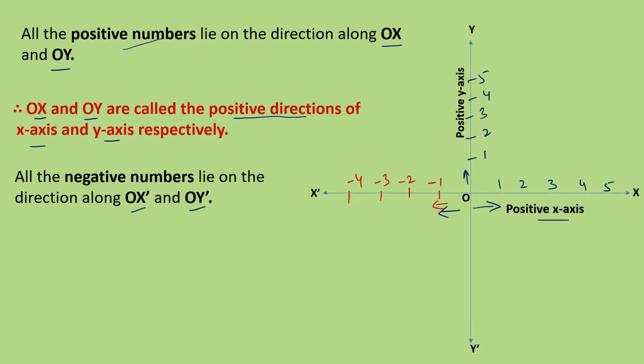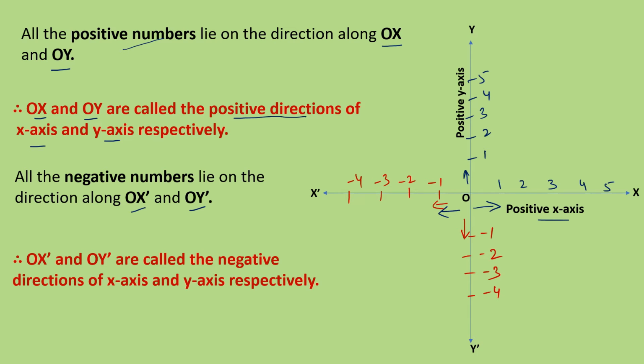In the same way, in the y-axis, OY dash contains all the negative numbers: -1, -2, -3, -4, and so on. So OX dash and OY dash are called the negative directions of the x-axis and y-axis. So for the x-axis, this is the positive x-axis and this is the negative x-axis. For the y-axis, this is the positive y-axis and this is the negative y-axis.